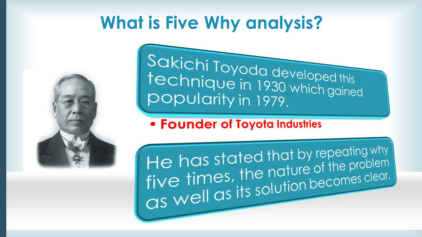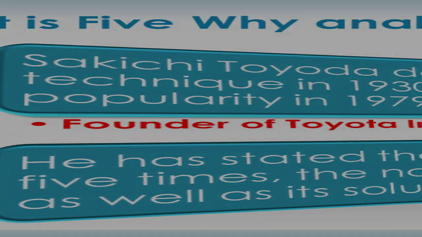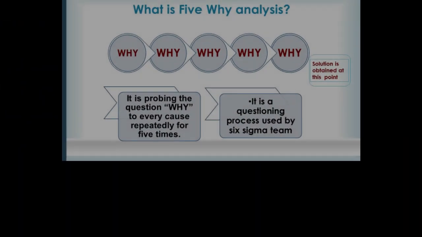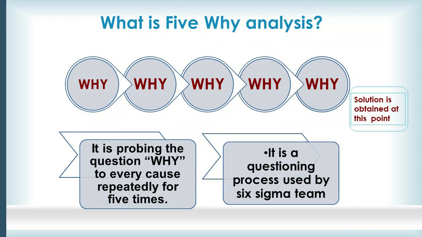So you may have a question whether you can use only this Y question 5 times. No, you can use the Y question until you arrive at the root cause. Sometimes you may arrive at the root cause in the third Y question. Sometimes you may not arrive at the root cause even in the fifth Y question, and in that case, you may extend it to the sixth, seventh. So there is no limitation that you have to use the Y question only 5 times.